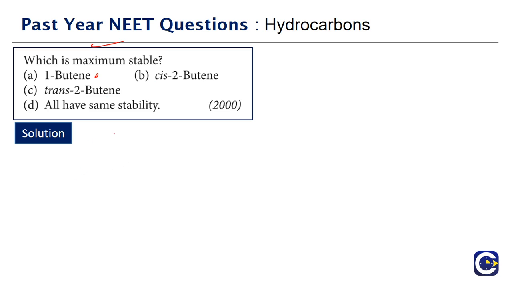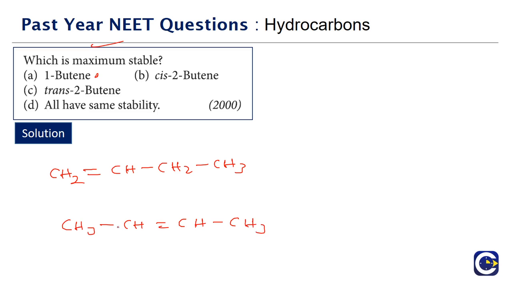See, first if you look at the comparison between the 1-butene and 2-butene, okay, the stability of them can be compared based upon the number of possible hyperconjugation structures the alkenes can have.